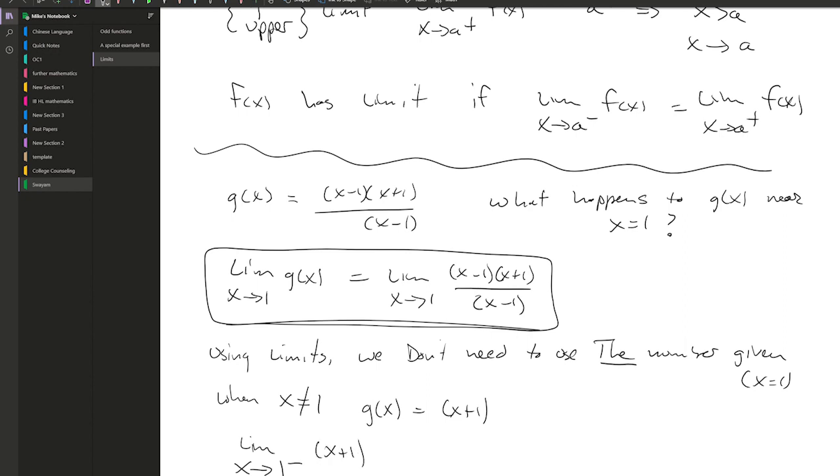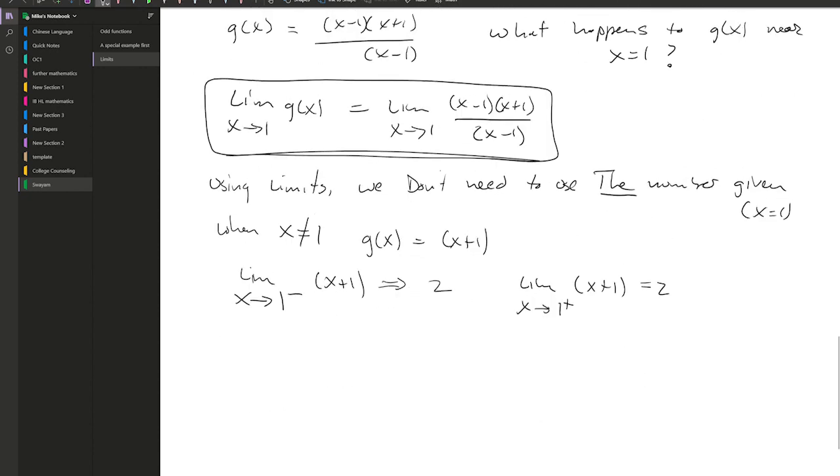These are all the numbers that are less than 1, but we're getting closer and closer to 1. And as we get closer to 1, this guy just goes to 2. It's a little bit less than 2, but it gets close to 2. And now I have x goes to 1 from above. These are numbers bigger than 1, so the sum is bigger than 2, and it gets closer and closer, and ultimately it goes to 2.